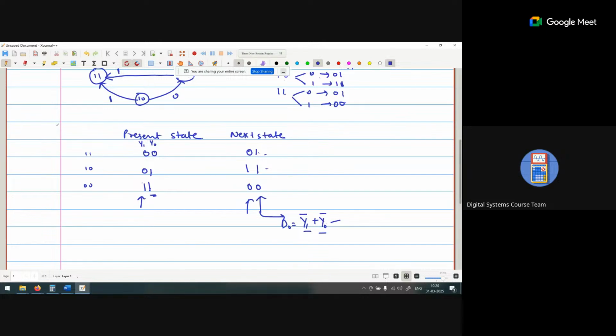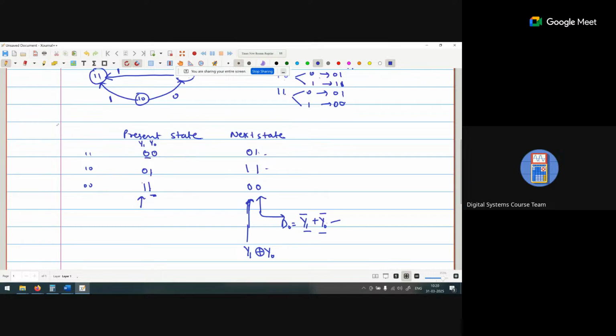Similarly, when I solve this one, can I write it as y1 XOR y0?